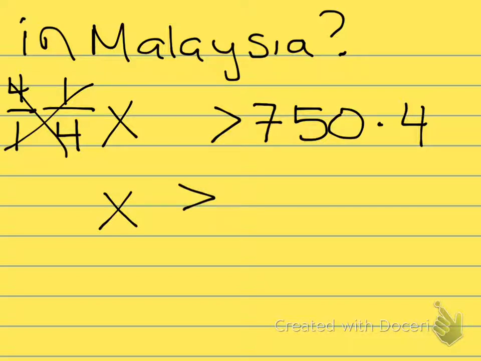Now we did not multiply by a negative number, so we're not going to change the direction of the symbol. So our answer is going to be x is greater than 3,000, or there are more than 3,000, because 750 times 4 would be 3,000 orchid species in Malaysia.